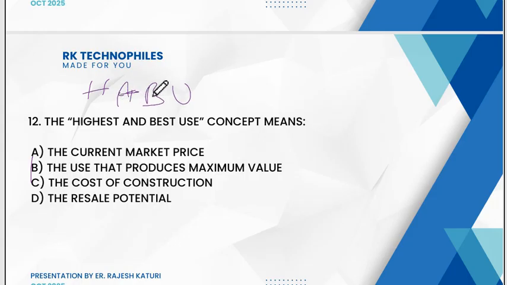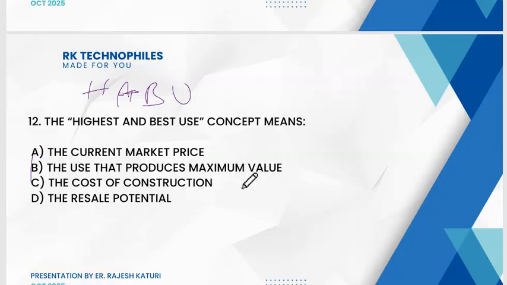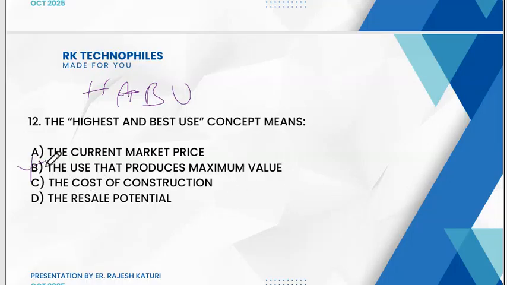So the options are current market price, use that produces maximum value, the cost of construction, and resale potential. So what would be the correct answer? The answer will be B. Okay, the use that produces maximum value. Highest and best use.